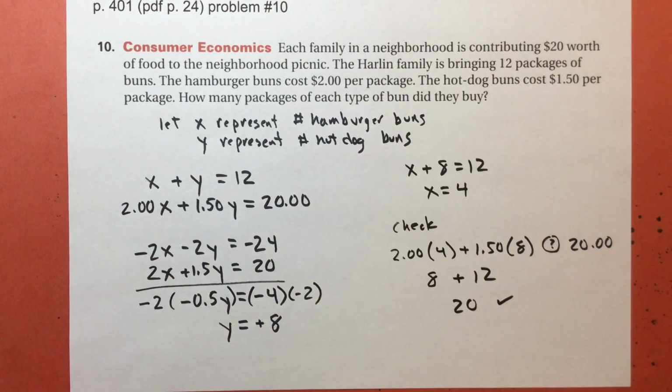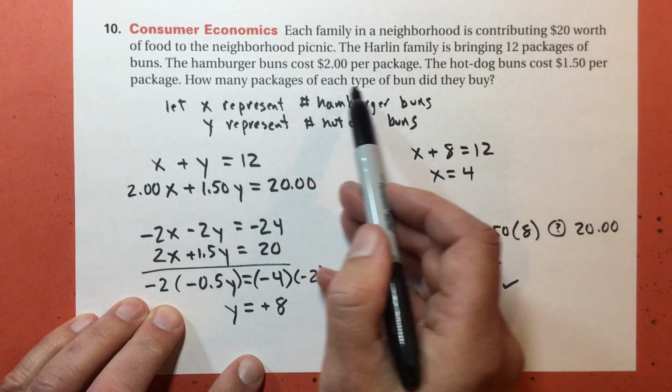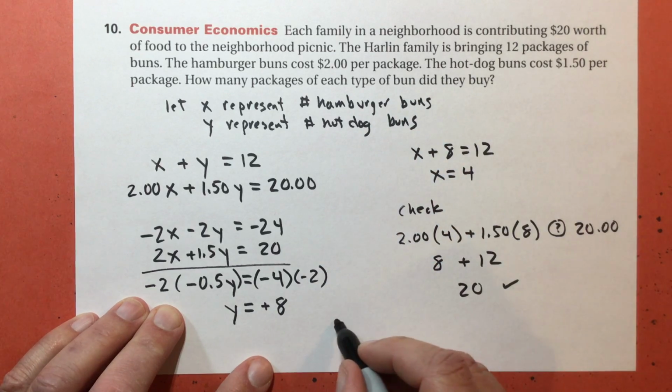So I think I'm finished with this problem, but I'm not. I did not answer the question yet. I have to answer the question: how many packages of each type of bun did they buy?